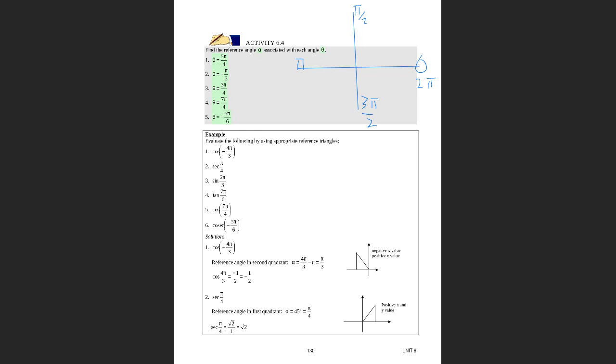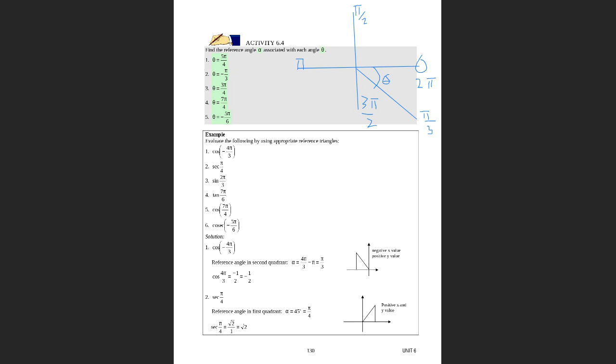So negative pi over 3 is going to be on this side. From here to here, pi over 3 is 60 degrees. So here we are going to have pi over 3. Then here is theta.